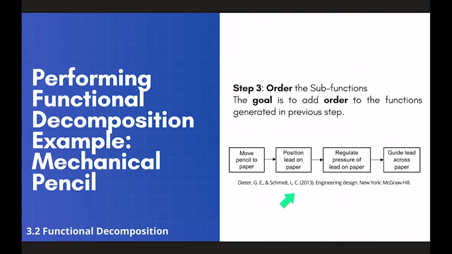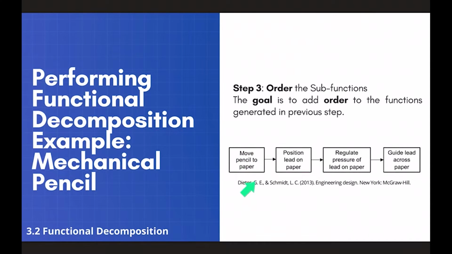So we need to think and identify which sub-function will be the first sub-function and which sub-function will follow it. In this example, the first sub-function that we arrange is move pencil to the paper.